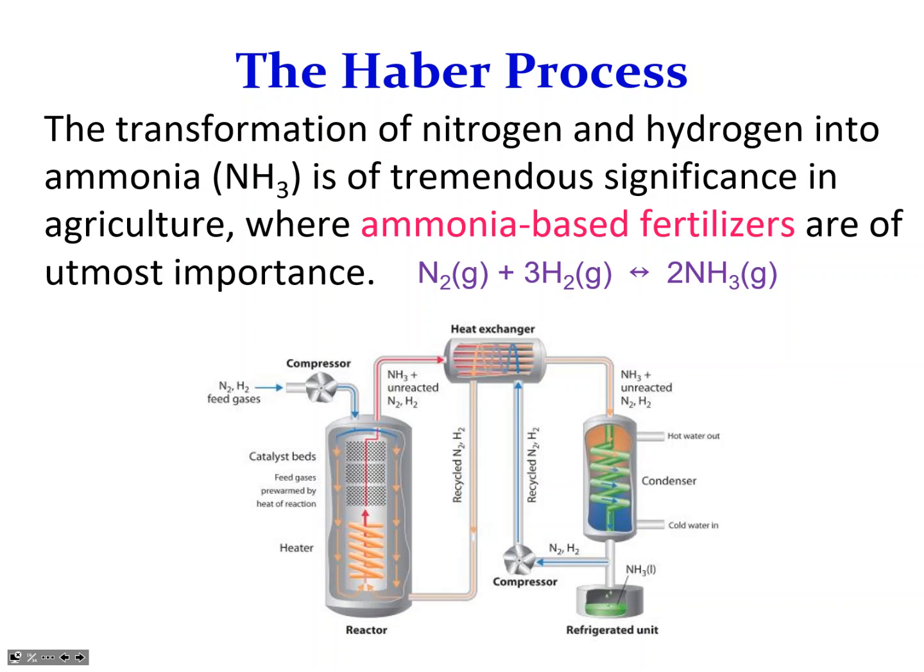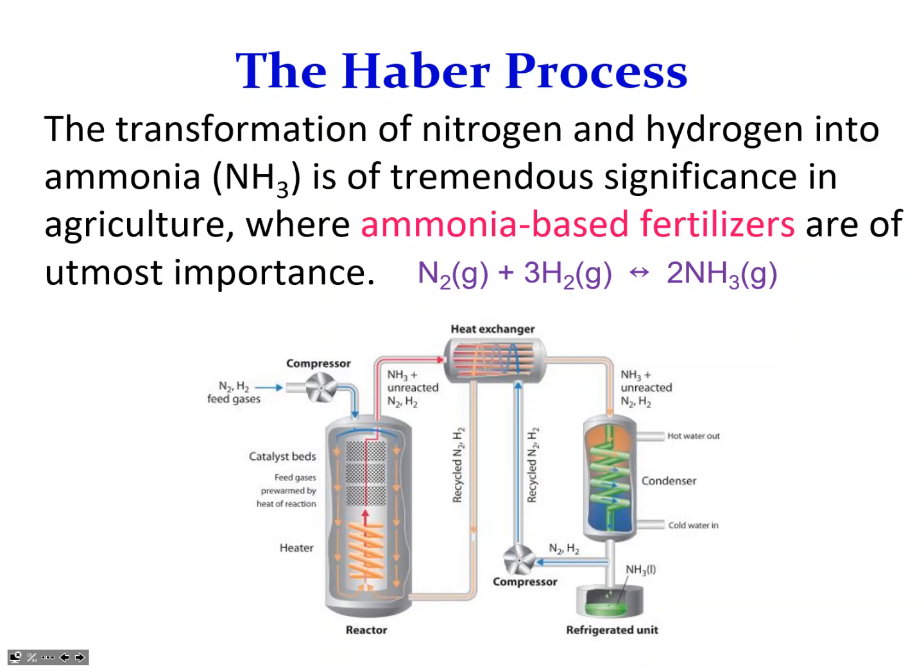And we know that making ammonia is very important for fertilizer. So there is a huge process here where they use lots of machinery to manipulate the reaction to get the maximum yield of the ammonia on the other side.